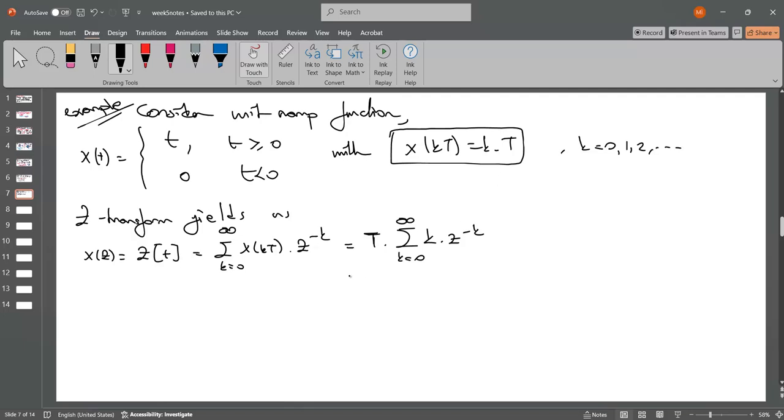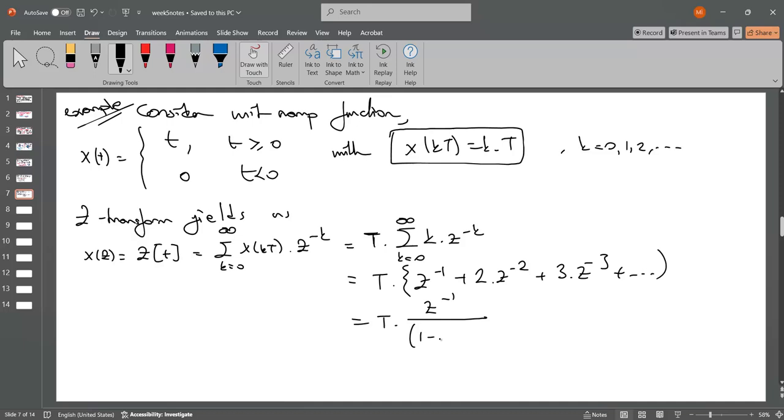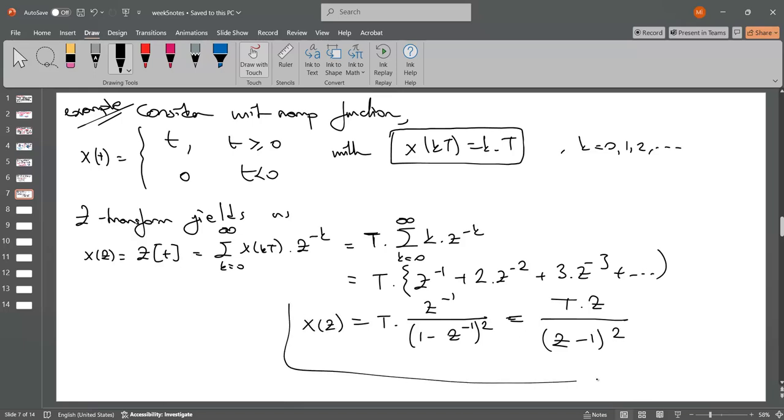This equals T times the collected terms: z to the minus 1, plus 2 times z to the minus 2, plus 3 times z to the minus 3, plus and so on. And so this solution is equal to T times z to the minus 1 divided by (1 minus z to the minus 1) squared, or Tz divided by (z minus 1) squared. Okay? Which is coming from the infinite series solution in this case.